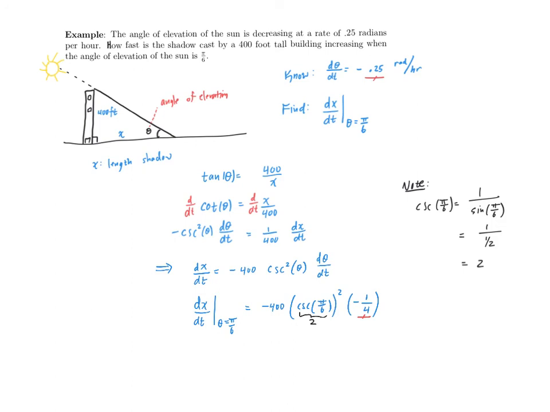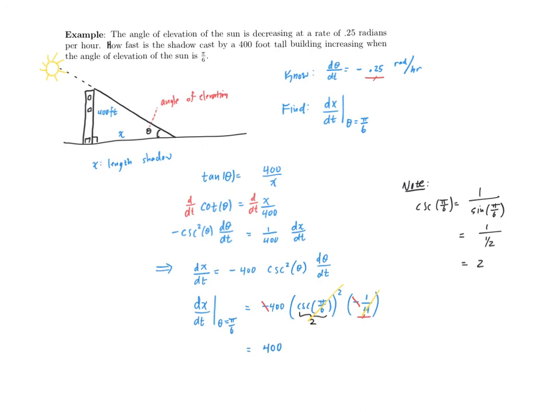And note from a simplification perspective, 2 squared divided by 4 cancels. Also, a negative and a negative cancels. And the only quantity left that has not canceled is a 400.